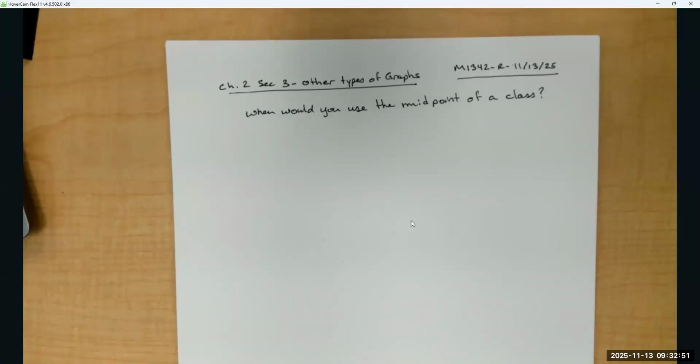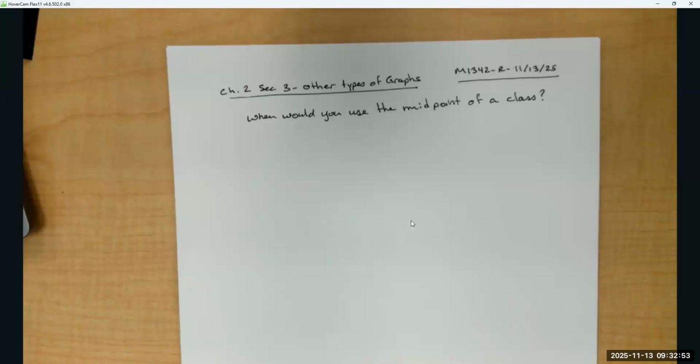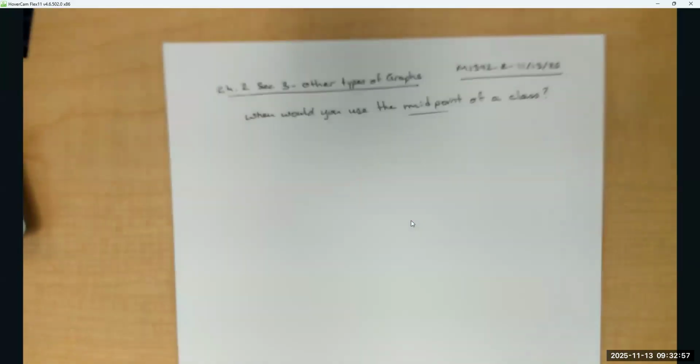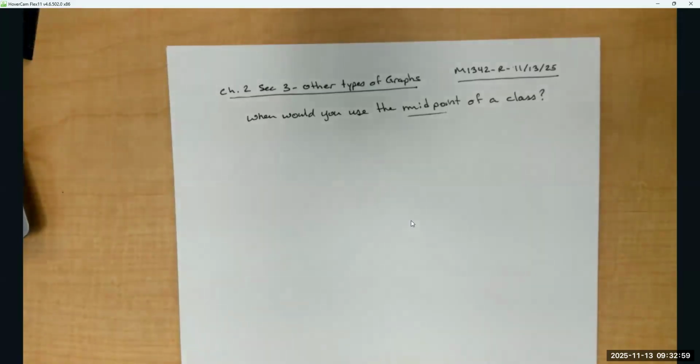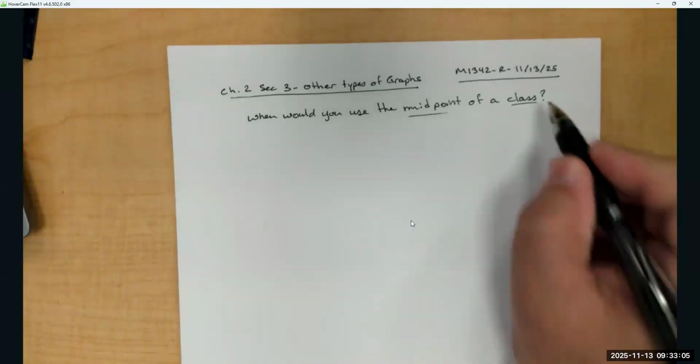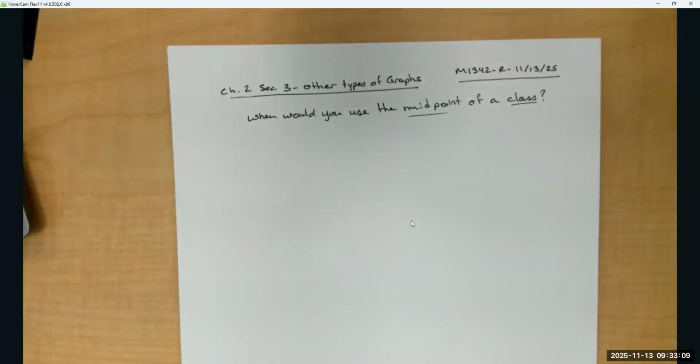When would you? What's that? Well, that's what the midpoint is. It's the middle of what? No, you can't. Now you have two different things of the class itself. But okay, now what is a class? They're using words now that are incorrect at this stage.